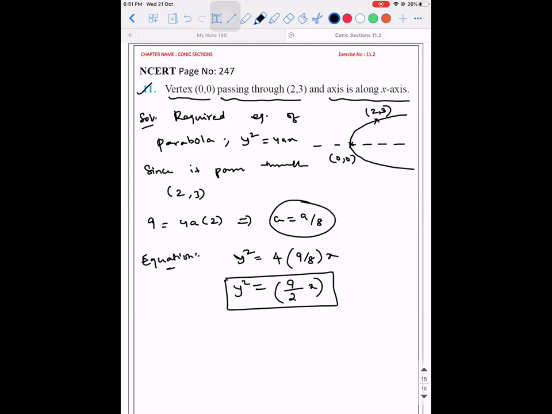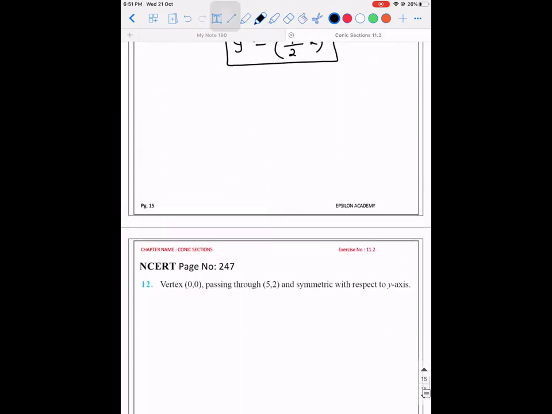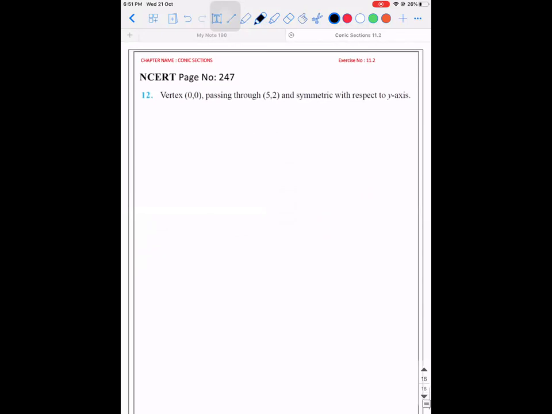One last problem. 12th. Vertex is 0, 0 and it passes through 5, 2 and is symmetric with respect to y-axis. So it belongs to which quadrant? 5, 2 belongs to first quadrant. So it should be an upward parabola.